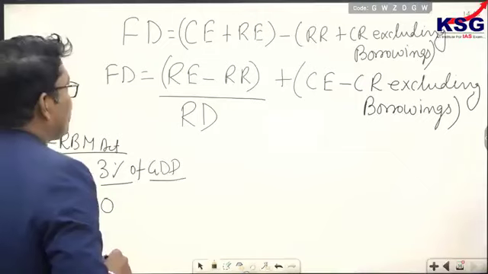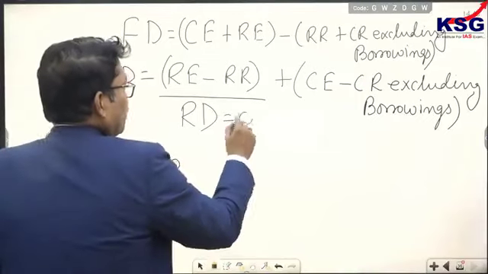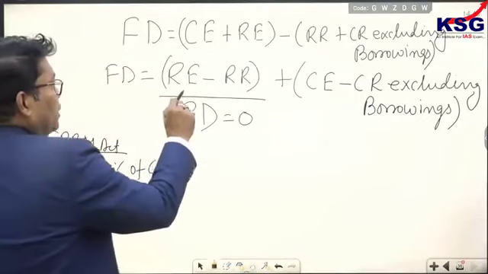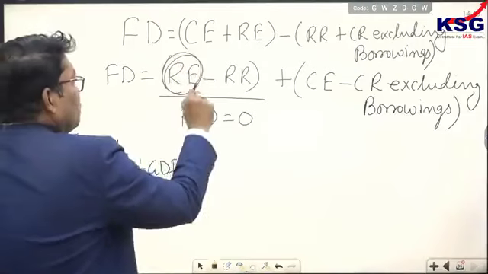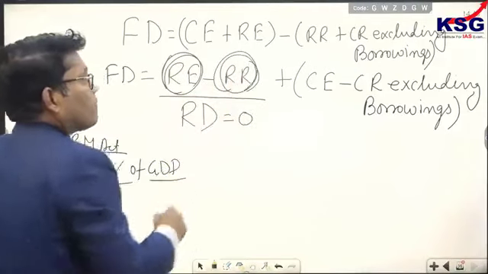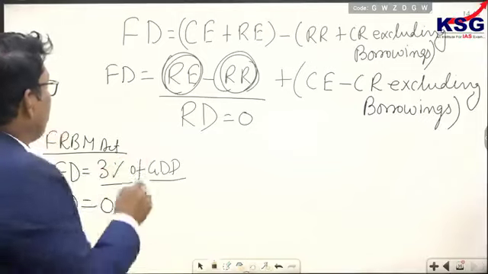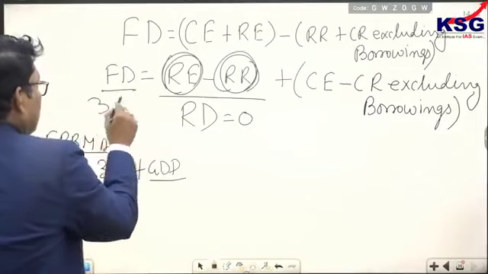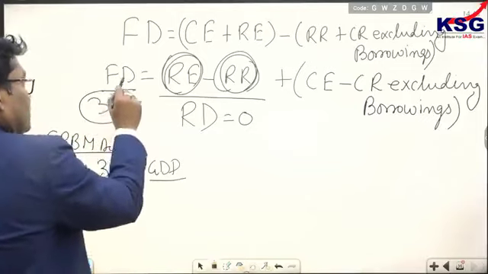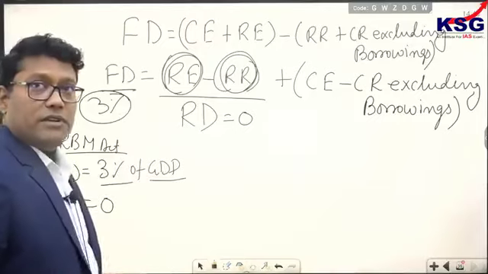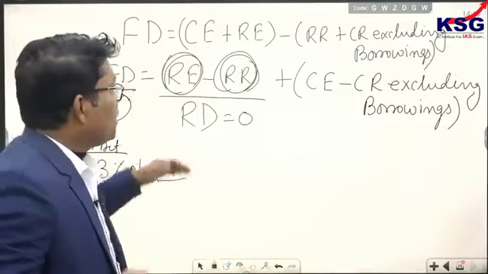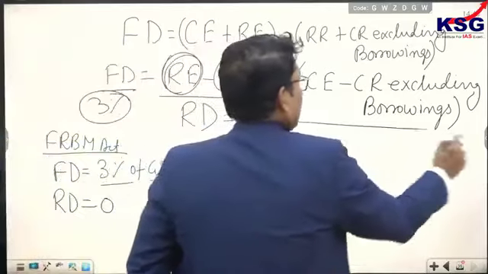When RD is going to be 0, it means the whole revenue expenditure you are meeting with the revenue receipts. So there is a deficit, and your FD is 3%. It means the 3% of deficit of FD is mainly due to capital expenditure.